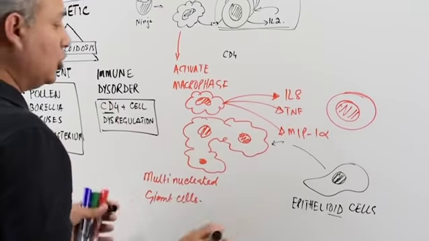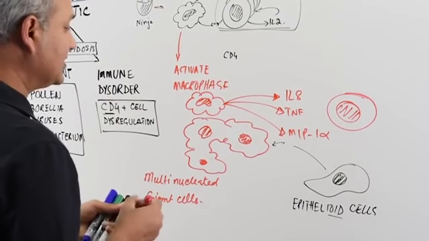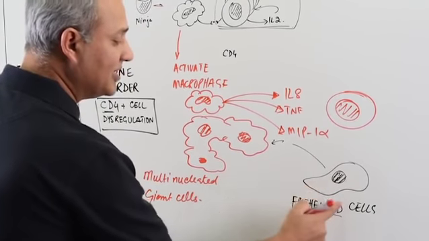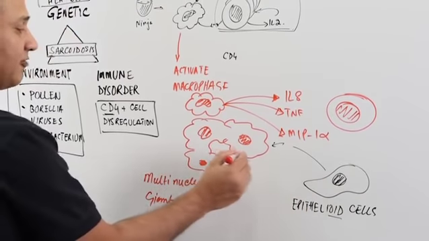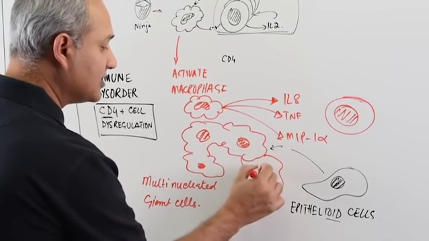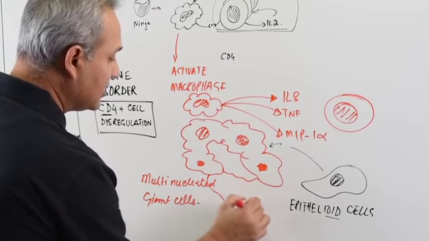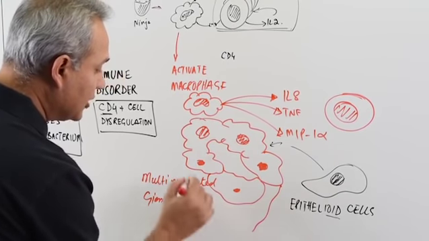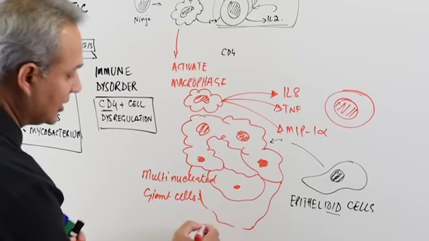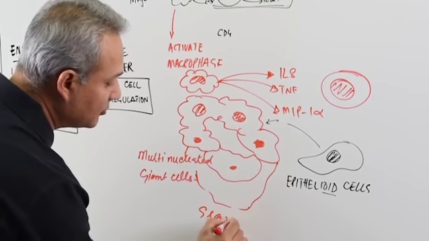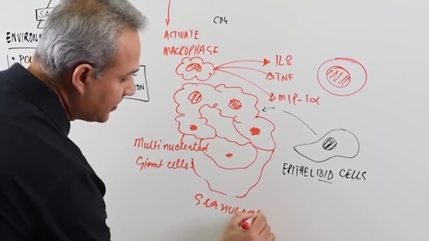So in these granulomas, what you will find is lots of epithelioid cells. You'll find lots of giant cells, right? And then the granuloma itself, now this has become granuloma. It takes time to become granuloma.